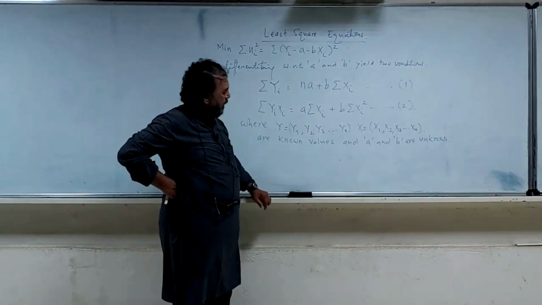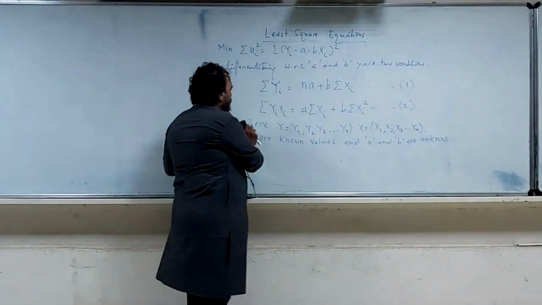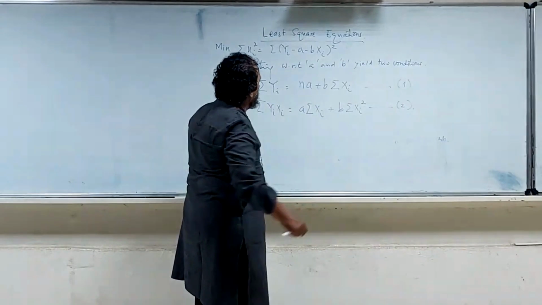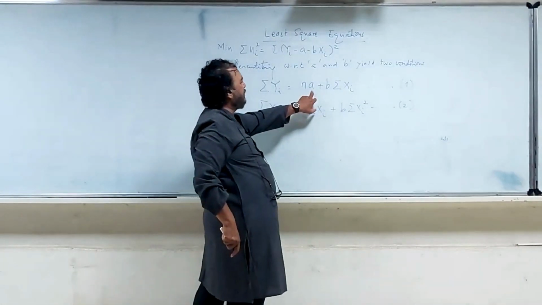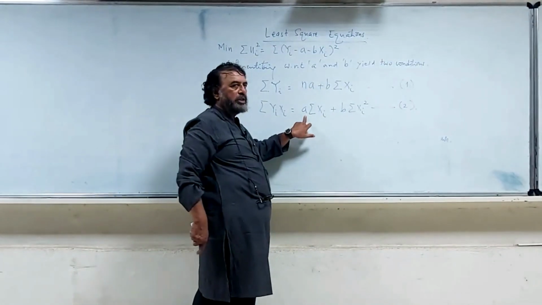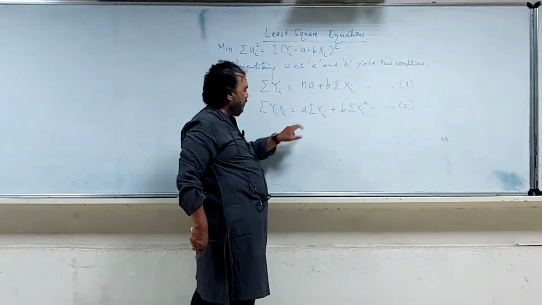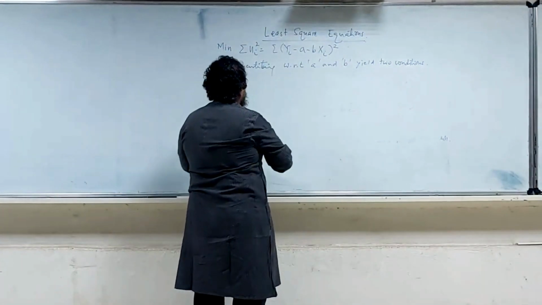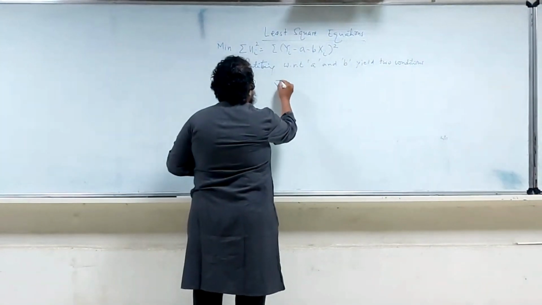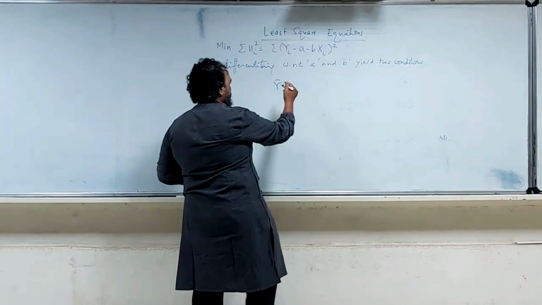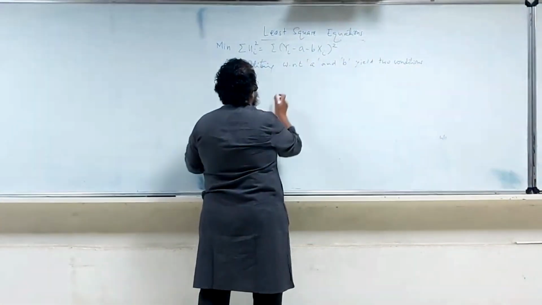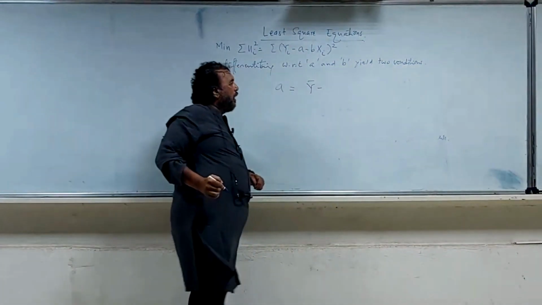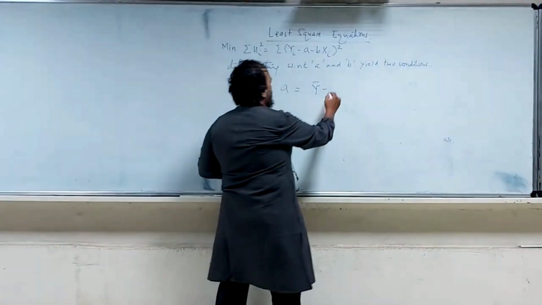When we solve for them, we get the following formulas. As we do with any simultaneous equations, we solve for a from this and then substitute that value in this equation, so as to get the formulas that we had derived last time. The solution for a would be y bar minus b times x bar.